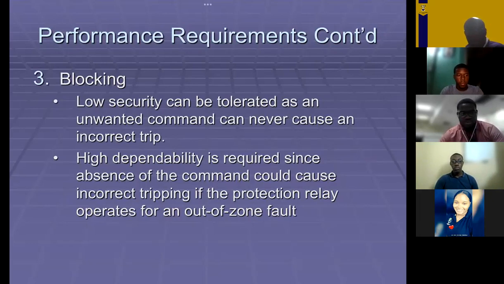It's dependable, but not very secure because of its exposure. It can pick up noise. We're saying then maybe a blocking scheme is what you want to use. All right.